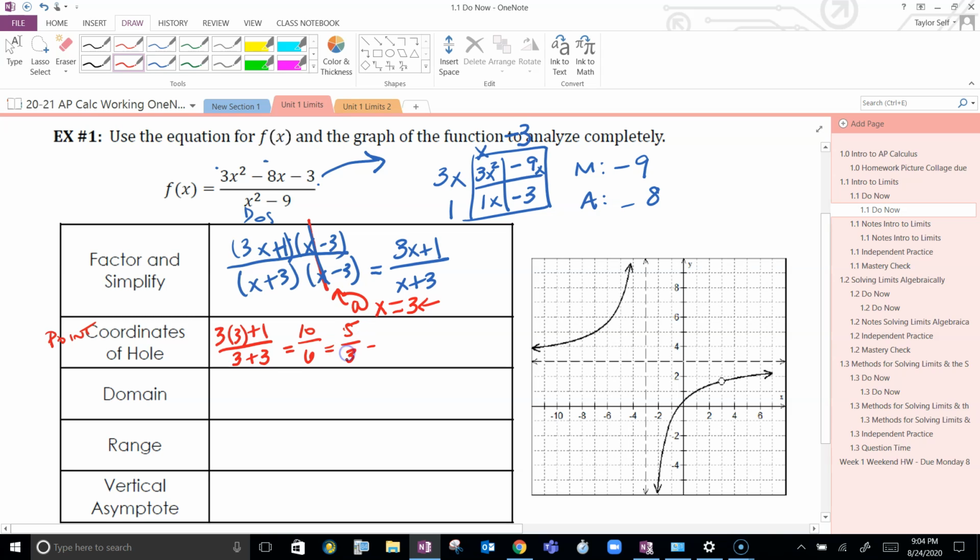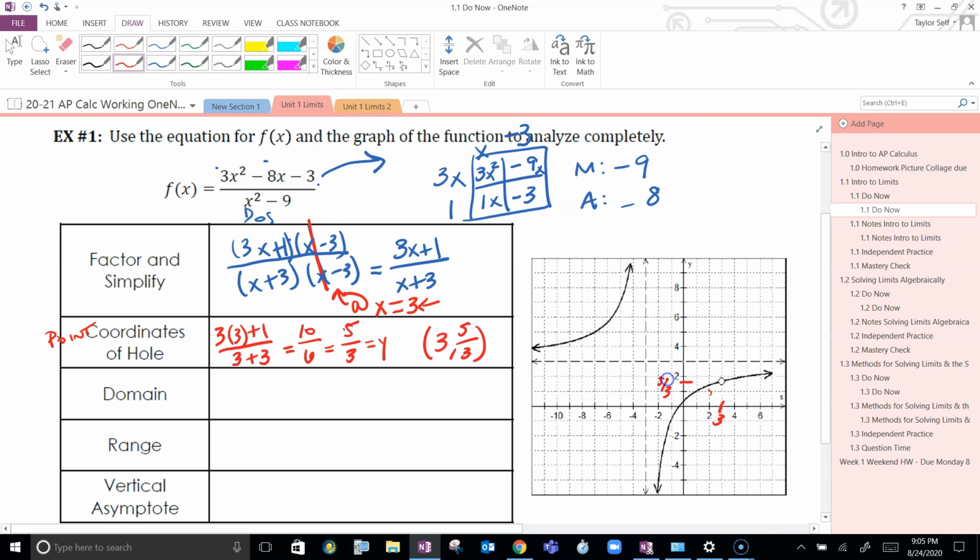So this is our y when x equals 3. So our point would be (3, 5/3). Okay, cool. So that's the point where the hole happens. If we wanted to look at it on our graph, you can see that it happens at 3, and this is 5/3.